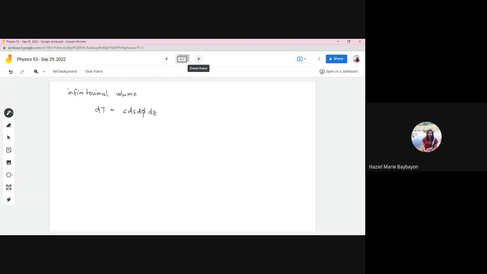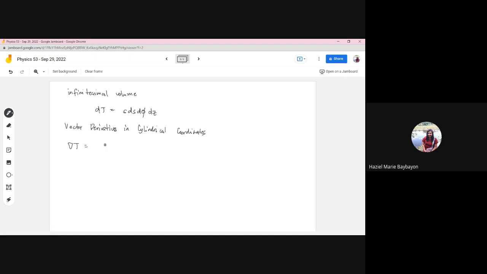Now let us express our vector derivatives in cylindrical coordinates. Let's start with the gradient. How do we express the gradient in terms of the cylindrical coordinates?